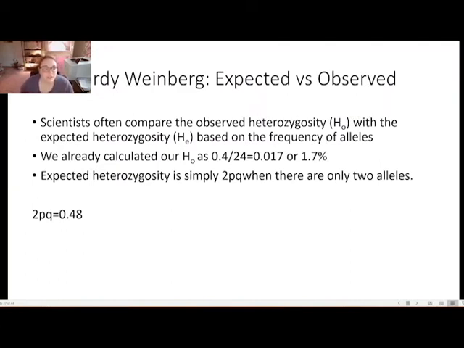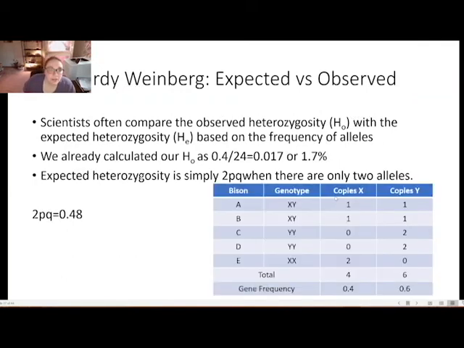So often scientists will compare the observed heterozygosity with the expected heterozygosity. We already calculated our observed heterozygosity before, and we had 0.4 divided by 24, and that equaled 1.7%.